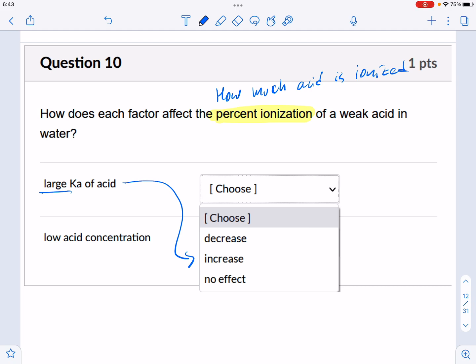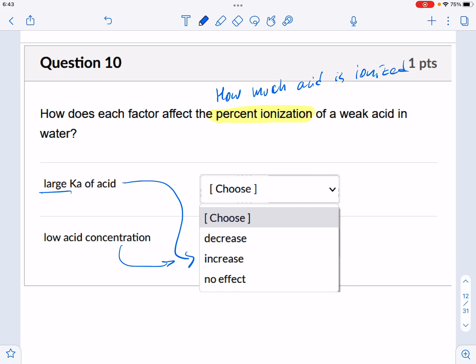And truth is, a low acid concentration also has a larger percent ionization. Now, what is the meaning of this? Why does a low concentration of acid have a larger ionization?